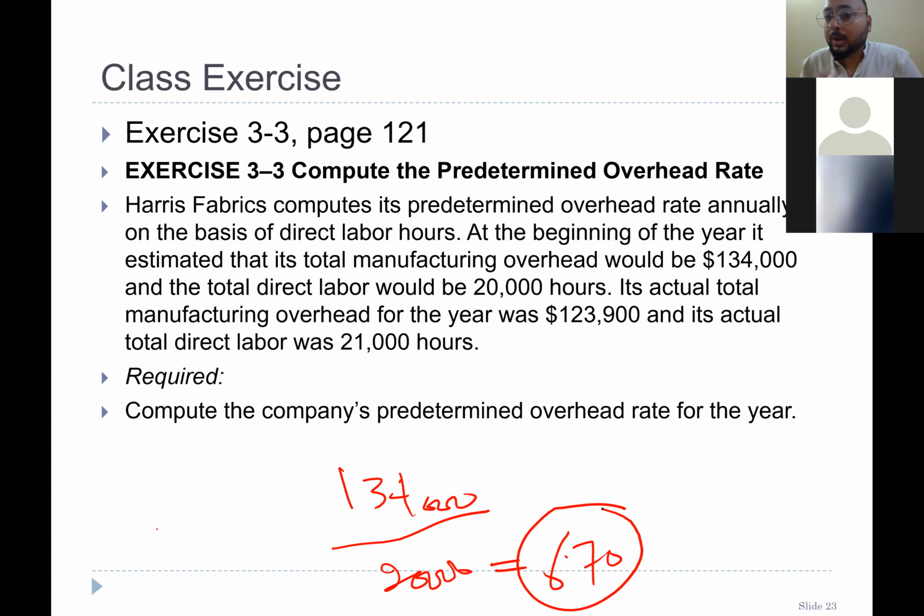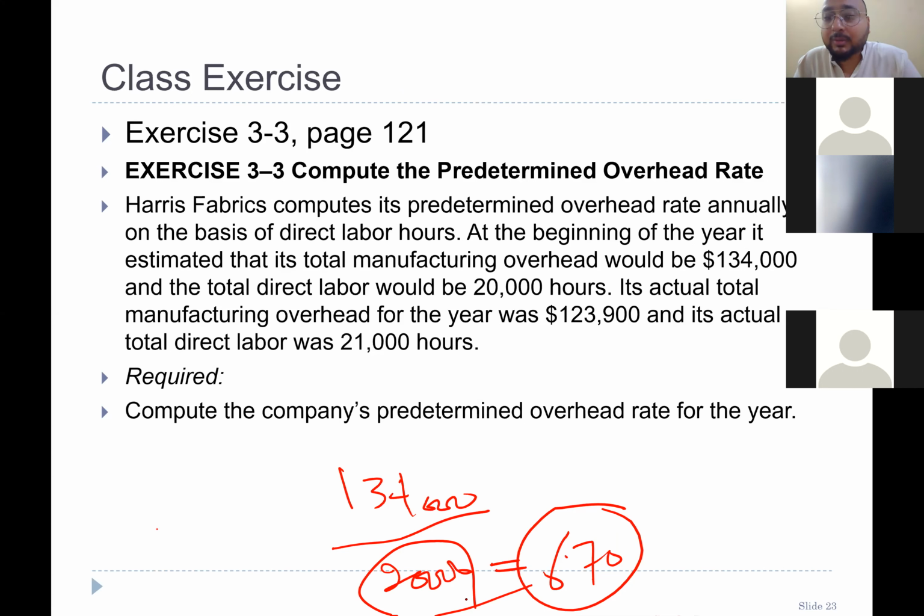Now this 6.70 is based on 20,000 direct labor hours, right? This is POHR. But did the company utilize 20,000? No, the company utilized 21,000.